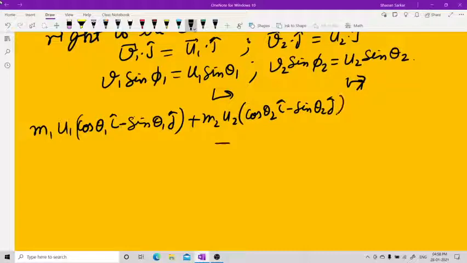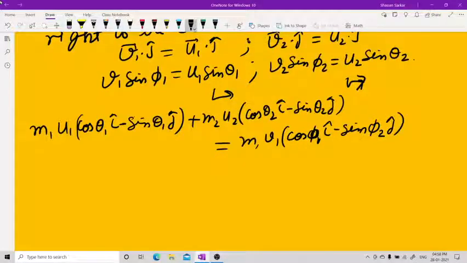Now this is equal to m1 v1 cos phi 1 i cap minus sine phi 1 j cap, and plus on this side m2 v2 cos phi 2 i cap minus sine phi 2 j cap. Be very clear about your angles.